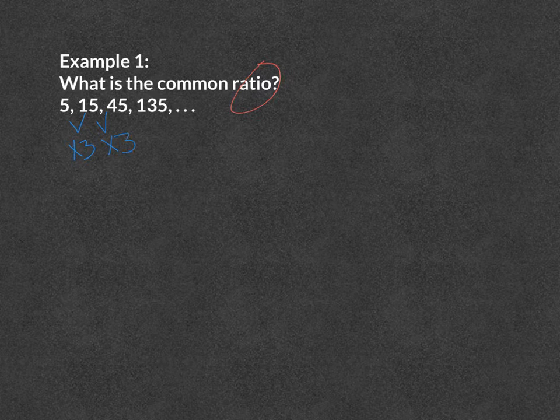That's times 3. And 45 times something will give me 135. That's times 3. So the common ratio, which is r, equals 3. So in an arithmetic sequence, we had a variable of d for difference. In a geometric sequence, we have a variable r for ratio.